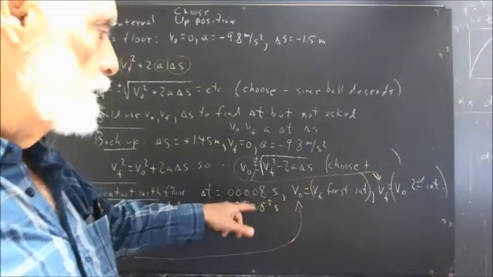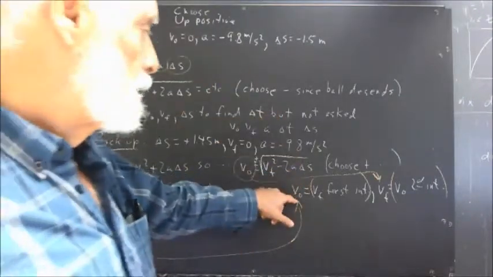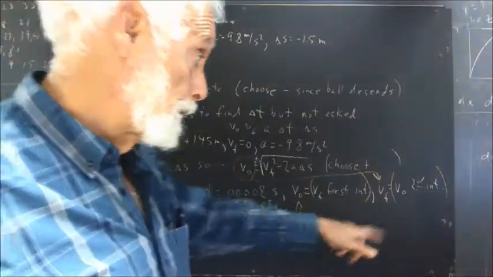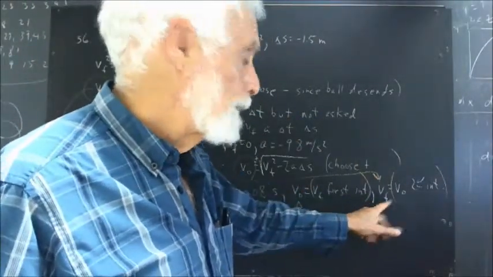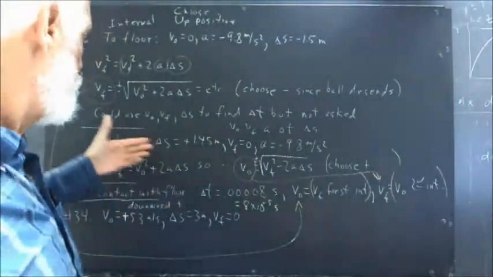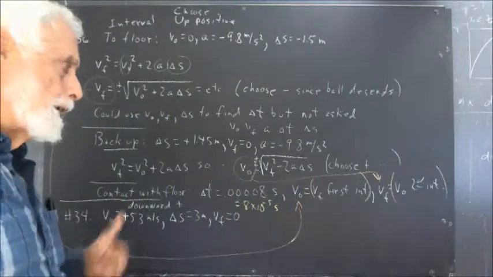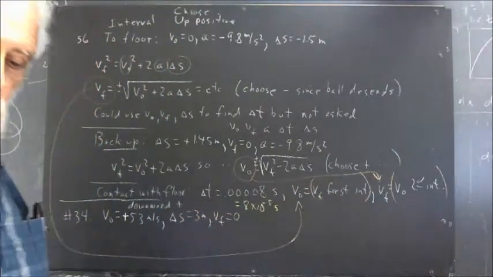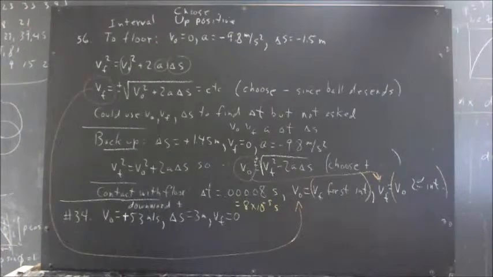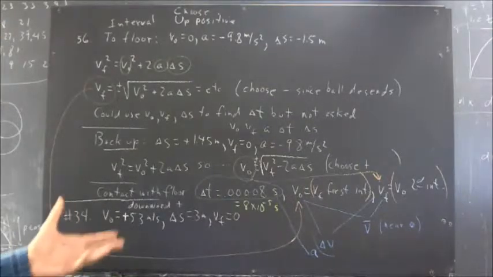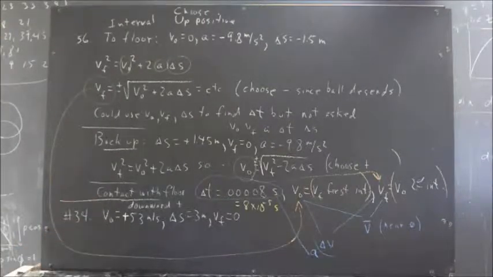Now we have a 0.00008 second interval, a V naught, which is negative, the downward velocity we got in the first interval, and a VF, which is positive, the initial velocity we had for the second interval. If we put all that together, we can find the acceleration and if we want the distance through which the ball compresses. Now I urge you to complete this analysis.